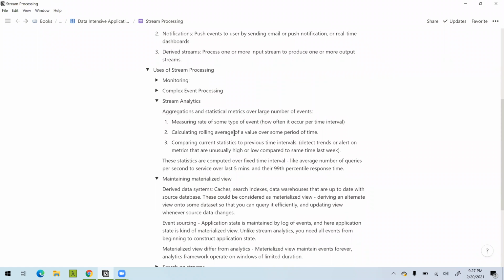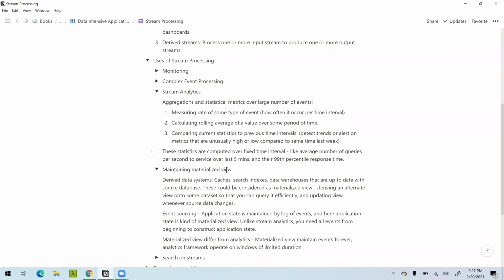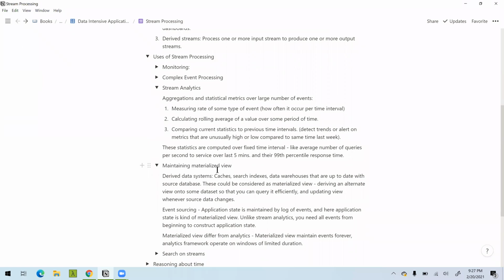You have a cache, search index, or data warehouse, and you want to keep that system up to date with the source database, right? So these derived data systems could be considered as materialized views, right? So does anyone want to tell what is the meaning of materialized view? This term has come up a lot of times in this book.